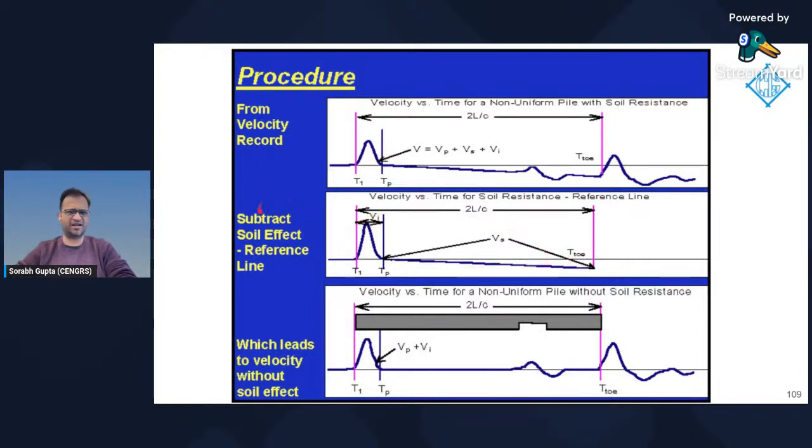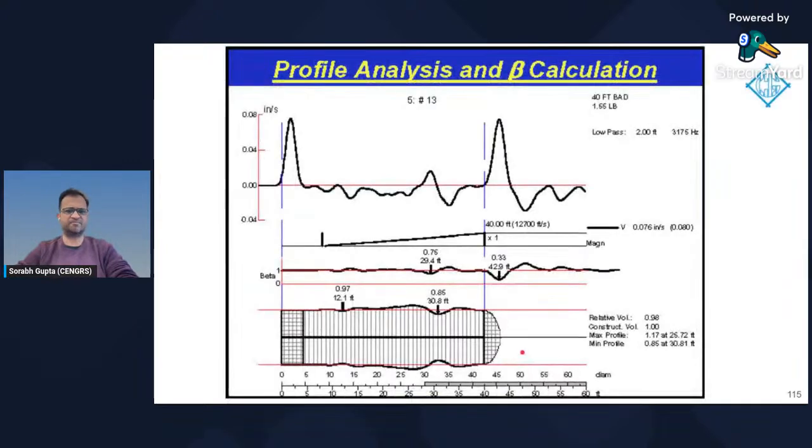So you apply a baseline correction, which is very similar to using a high pass filter, get the data along the x-axis, and then you are able to use the profile analysis to catch these kinds of defects. This is what the data will look like. You have your PIT data in time domain, and then you have your profile, which is like this.